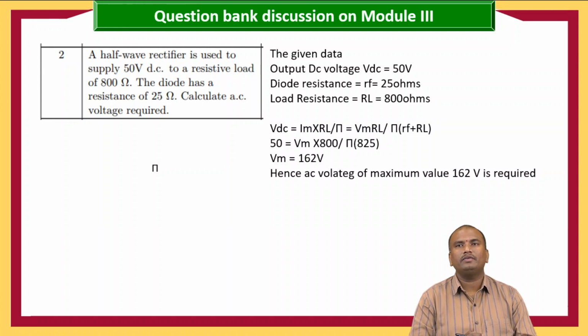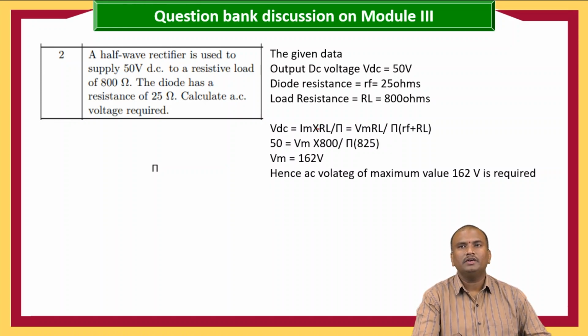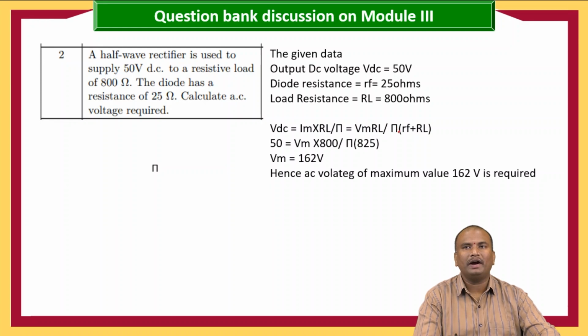Now with these values, VDC is equal to the maximum current into RL by pi. That is equal to Vm into RL by pi into (Rf plus RL). Im is equal to Vm by (Rf plus RL).